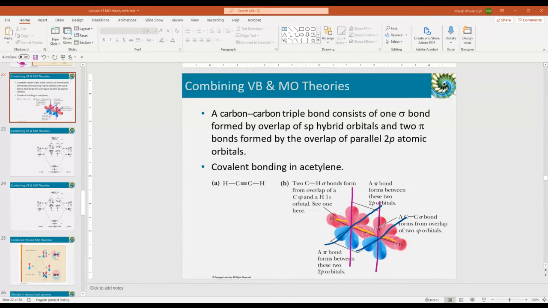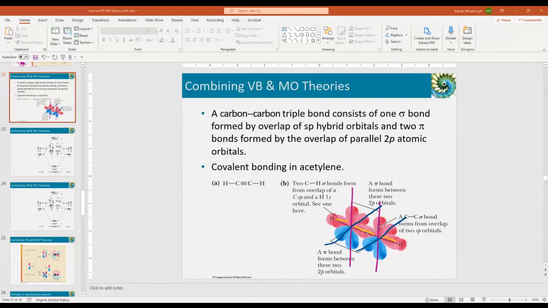We talk about different aspects of it, and in general we are interested in two different types of bonding: sigma bonding and pi bonding. Throughout examples, we move into this acetylene example, which is a molecule with a triple bond. The triple bond means there is one sigma bond and 2 pi bonds.